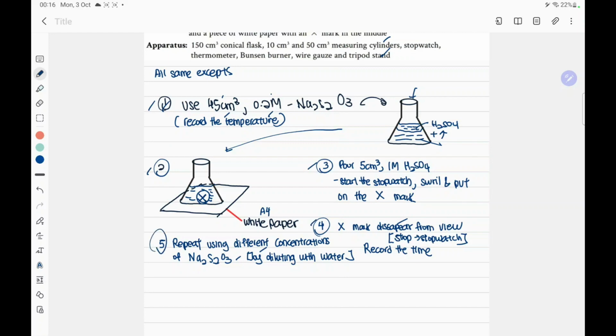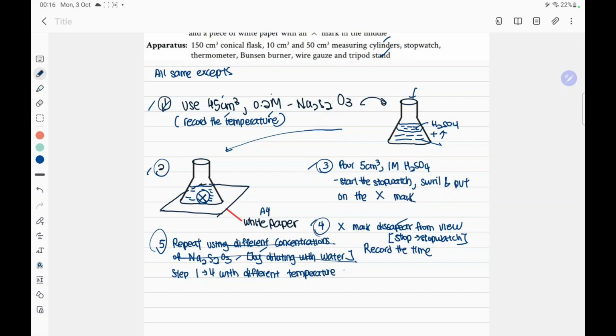What's different is step 5. Because we are changing the temperature, we don't repeat using different concentrations. We use the same concentration, but we repeat steps 1 to 4 with different temperatures. Different temperatures of what?